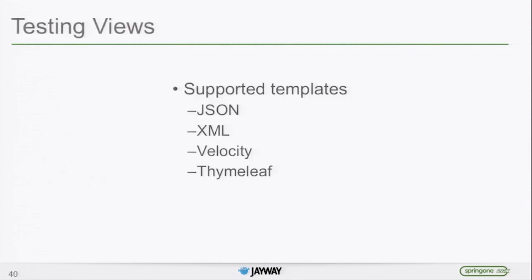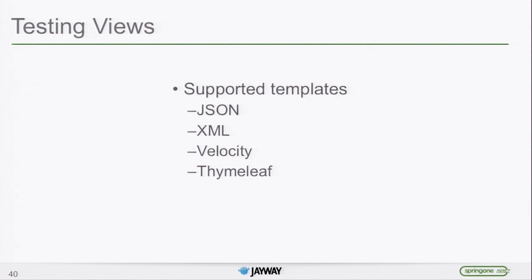That said, you can test your view objects, and anything that is rendered on the server side. If you render JSON, templates, Velocity, Thymeleaf, you can use it to verify against that. And you can also use HtmlUnit if you have HTML coming out.